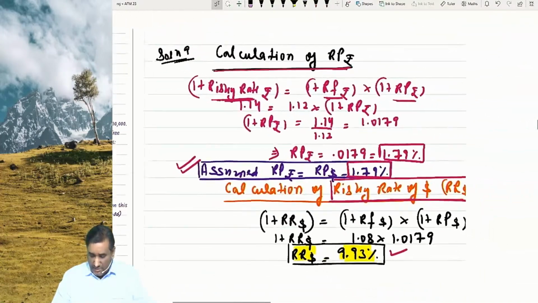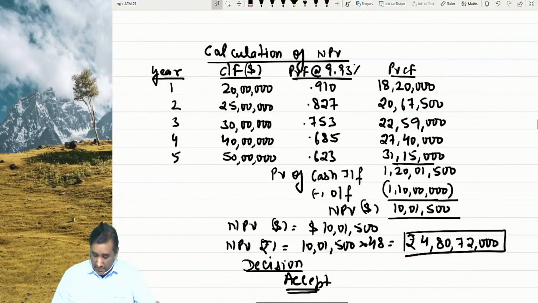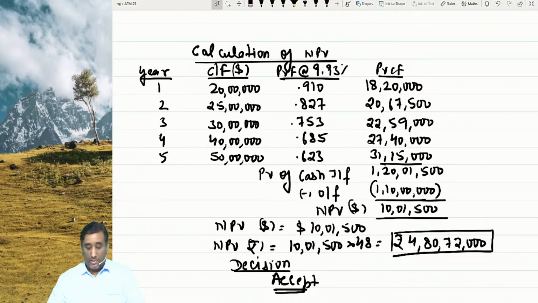My answer is coming as risky rate of dollar is 9.93, and then when I discount back, the cash flows are dollar 2 lakh 9.93, 18 lakh 20,000, 67,500, and so on.